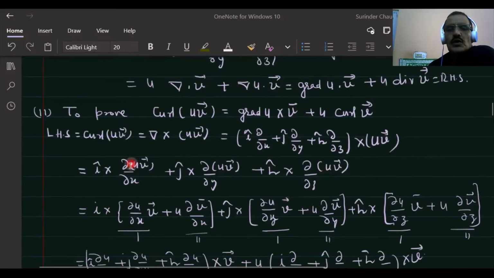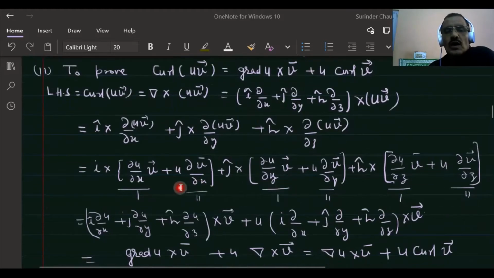Now the differential of the product u v, derivative product for x, y, z, as we did for number 1, same for number 2. This is a derivative: first, iota cross derivative of u by x times v as it is, plus u del v by del x. Similarly, these components also.